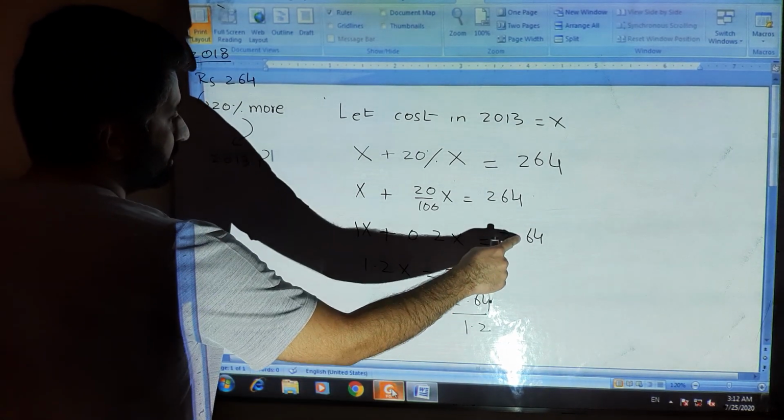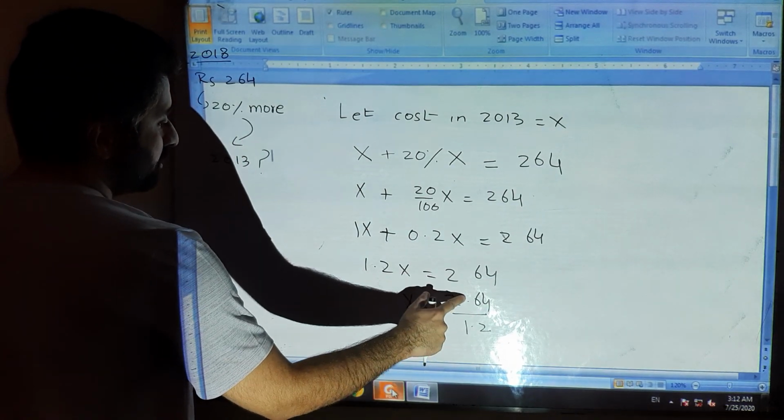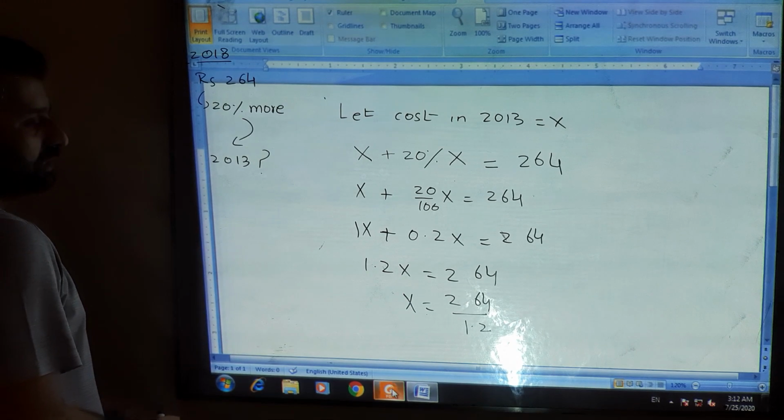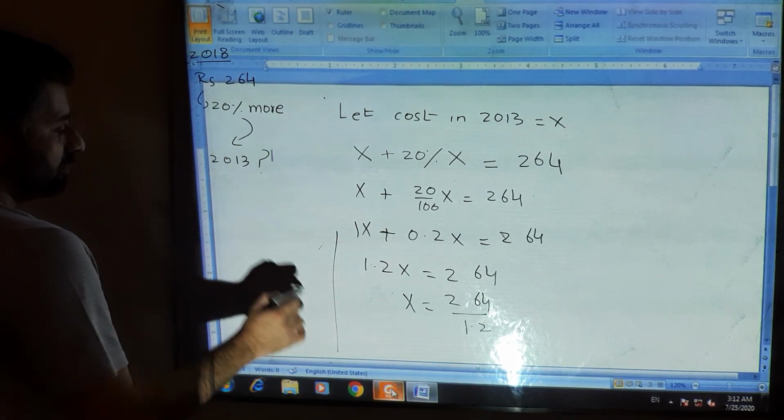Well, I made a mistake earlier, this is not 2.64, it's 264, but this is right. 1.2 is okay. Now you can find the value of x.